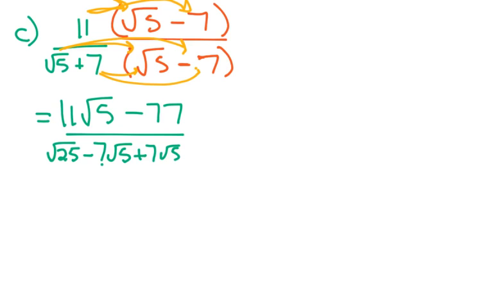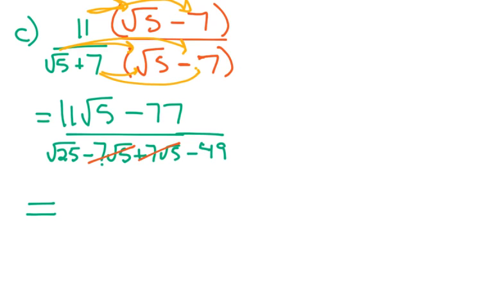And the last, 7 times negative 7 will give us negative 49. If you're looking at the bottom, you'll say, well, hey, we didn't eliminate the roots. Instead of 1, now we have 2, actually 3. But if we look at those two in the middle, negative 7 root 5 plus 7 root 5, they cancel each other out. And that's the design of multiplying by the conjugate. It will cause that to happen naturally.